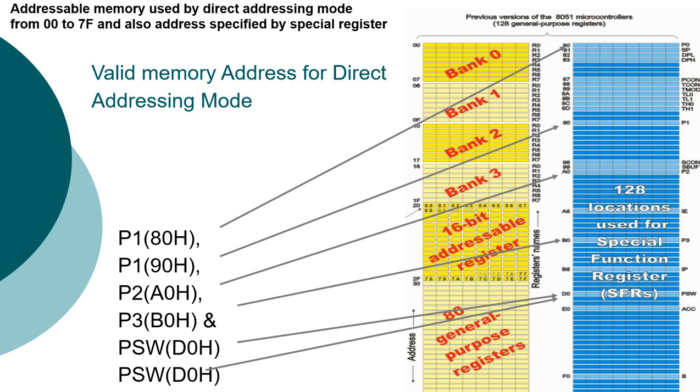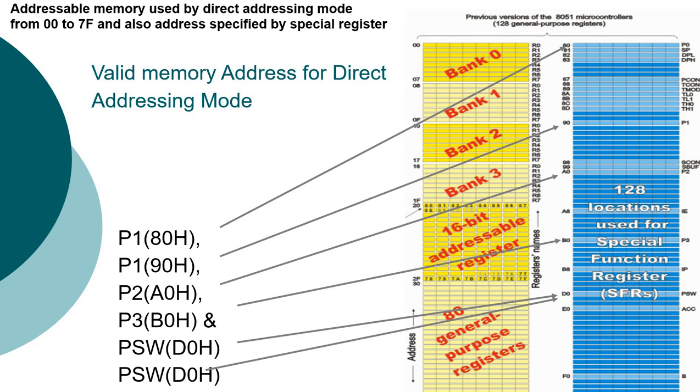We cannot use all the addresses, and we know that there are byte addressable, bit addressable and general purpose addressable registers. Which of those can be used? There are 128 locations used for special function registers. Can we use that? Yes, you can use it.